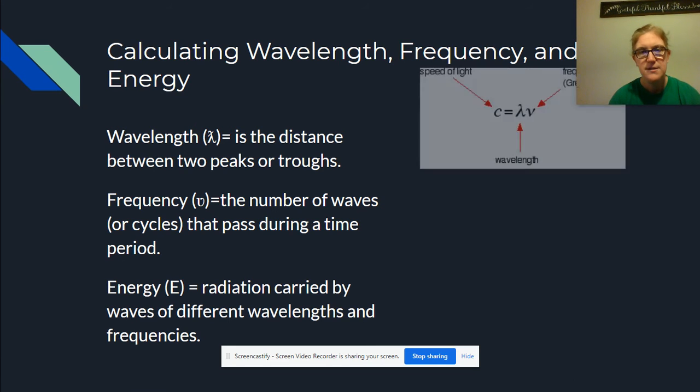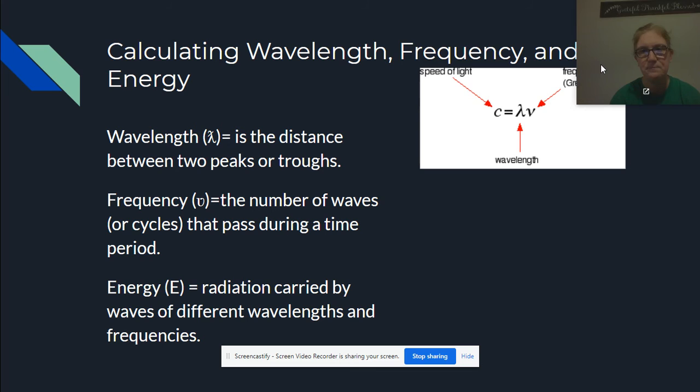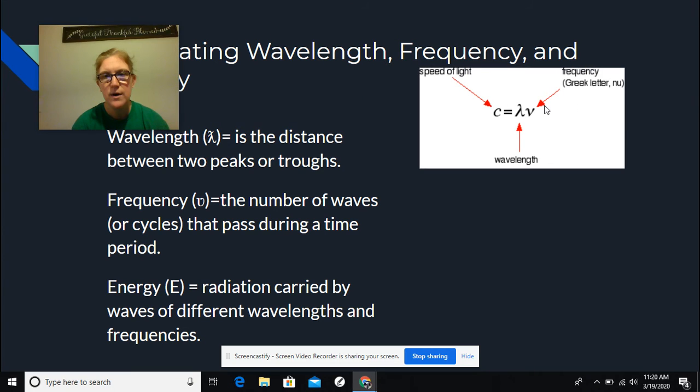So here are the formulas that we need. This first one is c equals lambda times nu. Speed of light is equal to the wavelength times the frequency. This is the first formula that you're going to need in order to solve problems. You just have to figure out what the frequency of the radiation is and what the wavelength is.